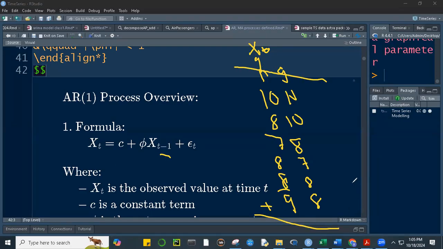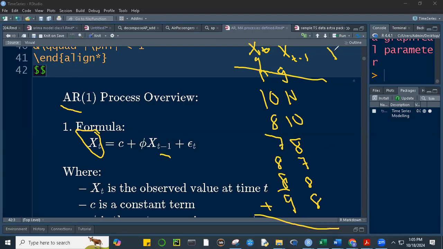Now you're going to regress. We're going to model our time series using the data x sub t minus 1. So it's just like a regression model. But this time, what you're using are past values of your x sub t, of your time series. That's why it's called an AR process, autoregressive. You're using past values of itself in order to model your time series.